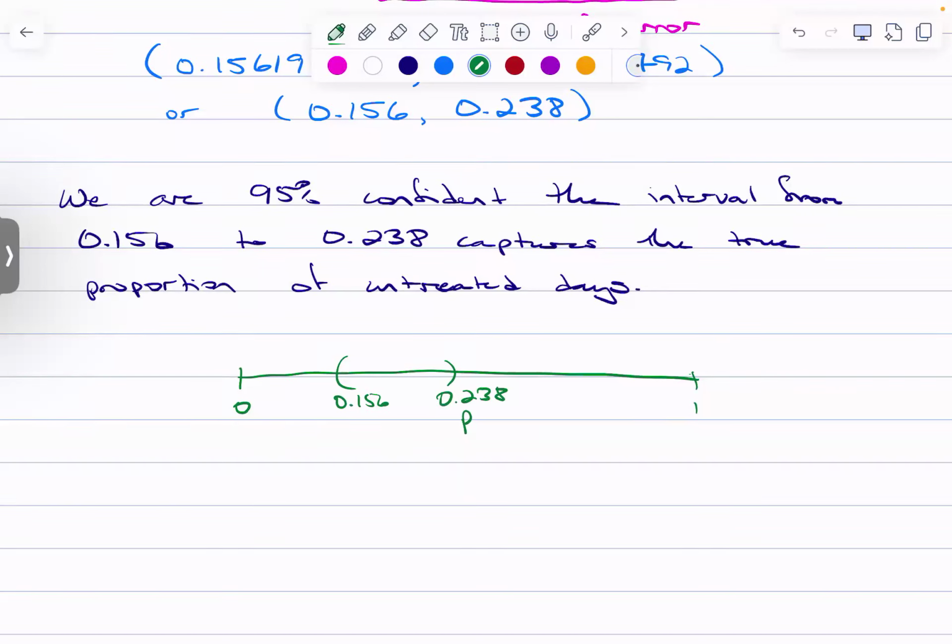Not to scale, but our hypothesized value of 0.15 is outside this interval.